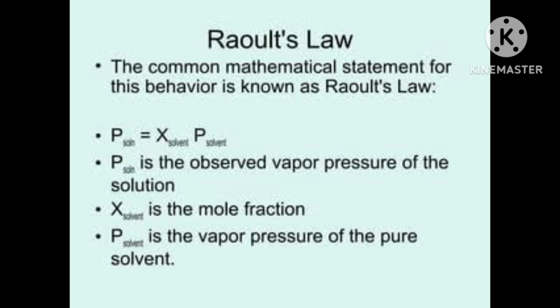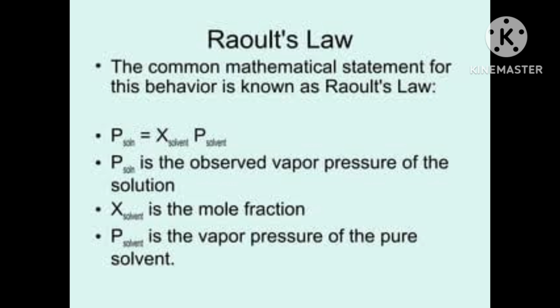In the container you have taken the solution, then in the vapor phase just P1 plus P2 is the total pressure. So P total is equal to P1 plus P2, over the solution phase.